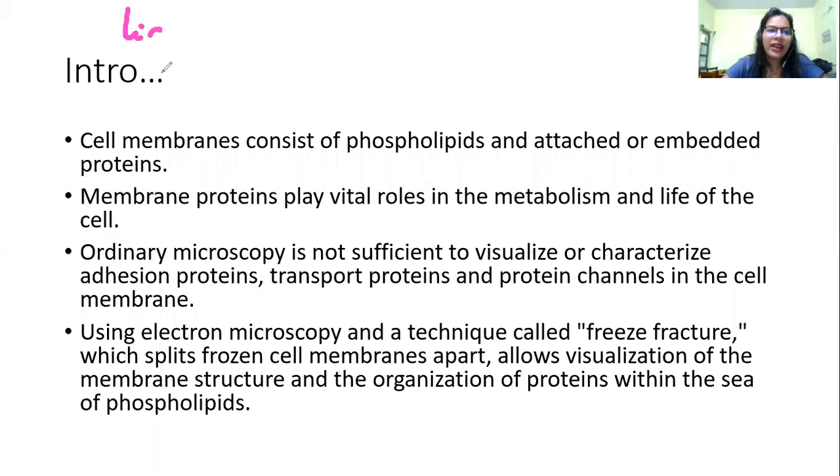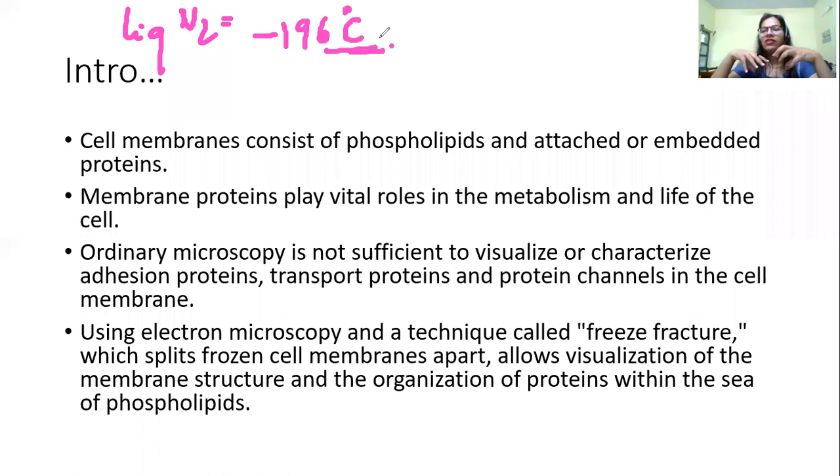So liquid nitrogen temperature is minus 196 degrees Celsius. That much cold it is. In most movies you must have seen lots of white smoke coming from some container whenever a hero or villain is shooting. At that time they actually release liquid nitrogen. It's not that harmful, so you can play around.